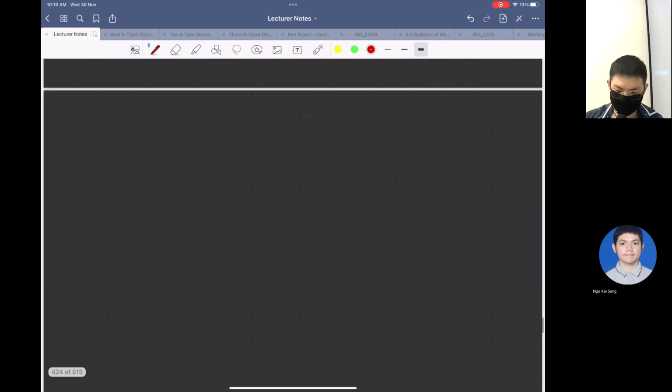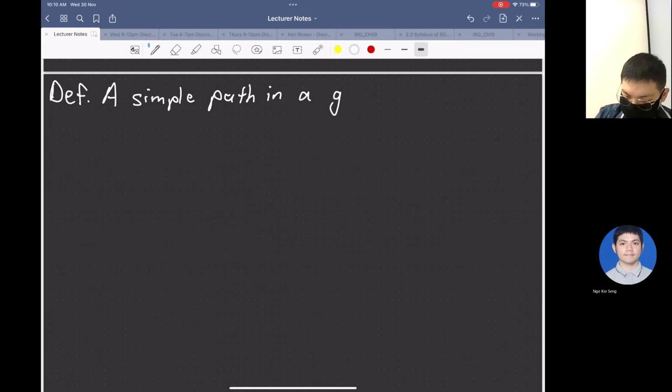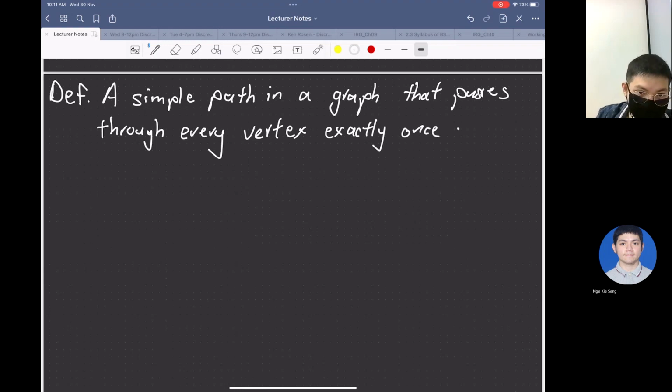Next one is the Hamilton path. This one has to do with the vertices. A simple path in the graph that passes through every vertex exactly once is called a Hamilton path.